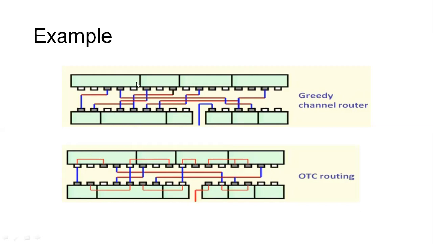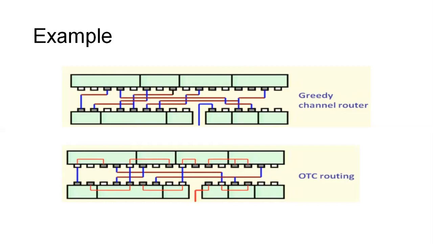So top of the cell routing, over the cell routing, you can do this. This is called channelless routing. You do not need any channel for this.